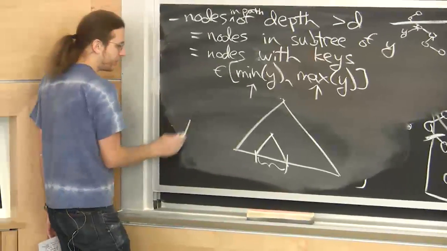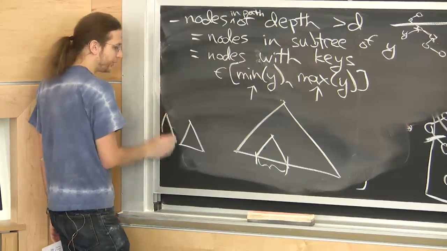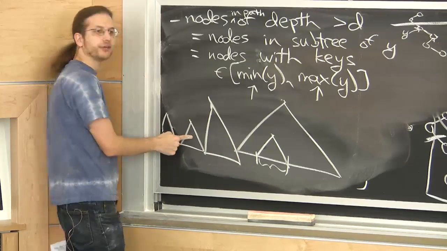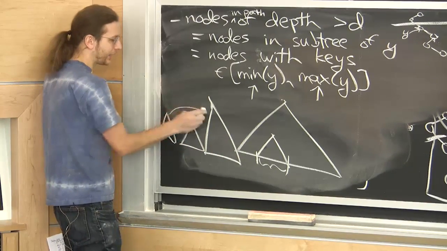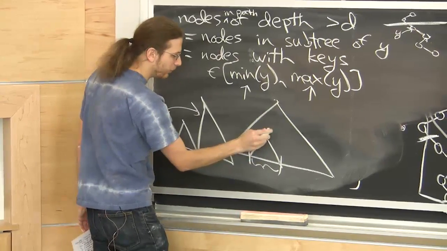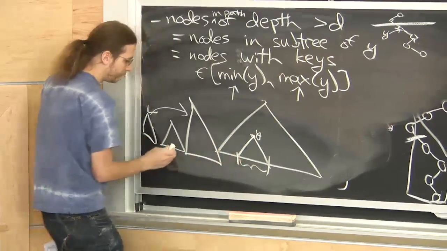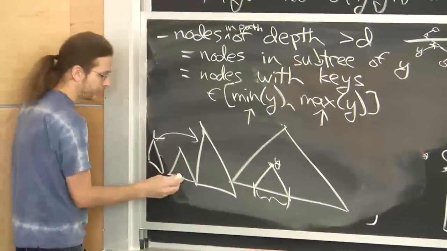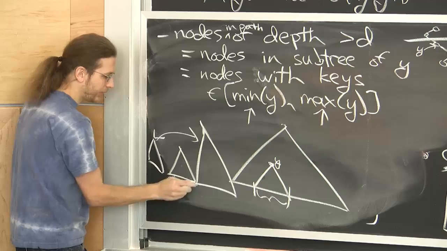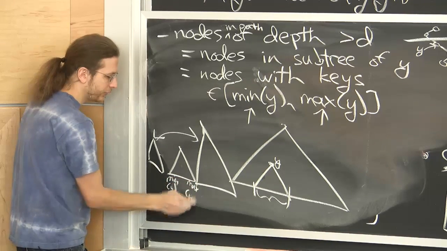What I will have are the things I care about, the things to the left of it, and the things to the right of it. What I wanted was this and everything else. How do I do that? I concatenate. This is y. This is in the interval min of y to max of y. So I wanted those guys.